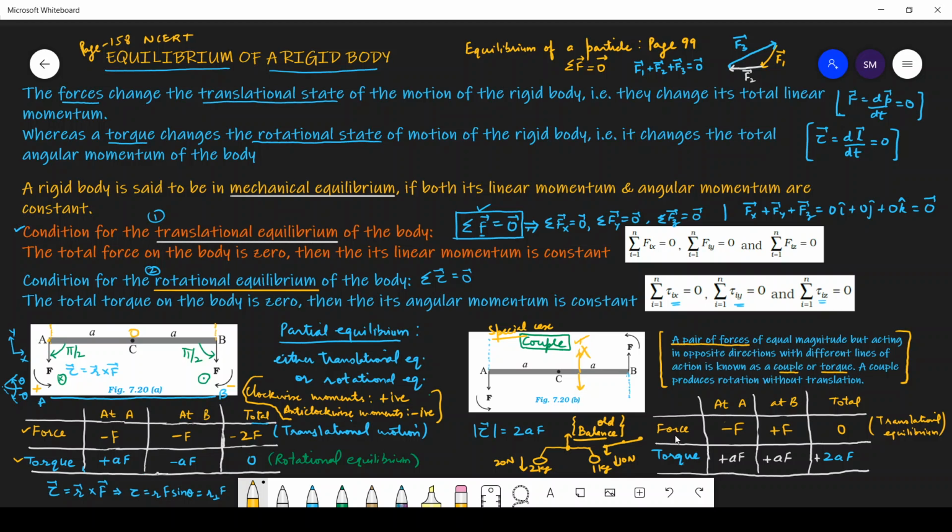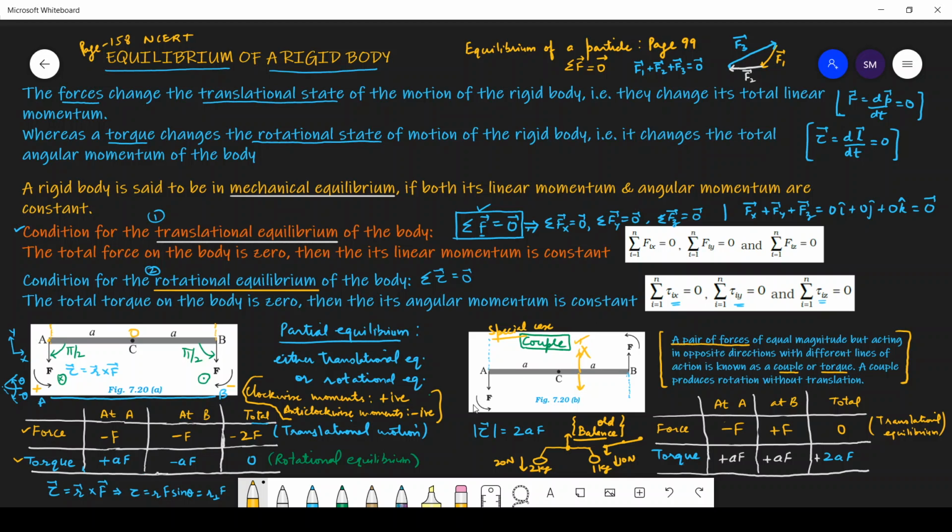So let us now calculate the force acting on it. The downward force acting on it we consider as minus F, and the upward is plus F. So the net force is 0, so there is translational equilibrium. Now let us calculate the torque. Here you are pressing it downward, so there will be rotational motion in the anti-clockwise direction, and here also you are pulling it up, so again there will be anti-clockwise motion.